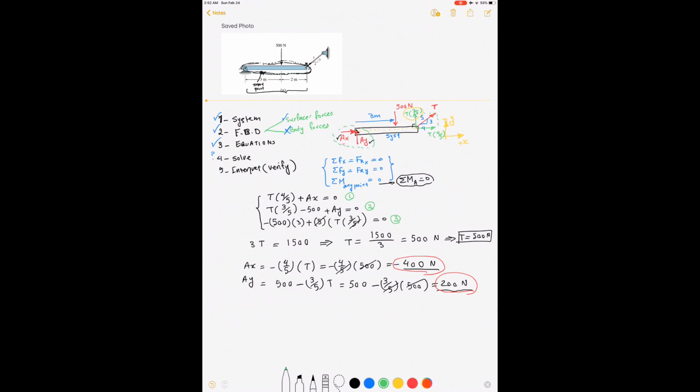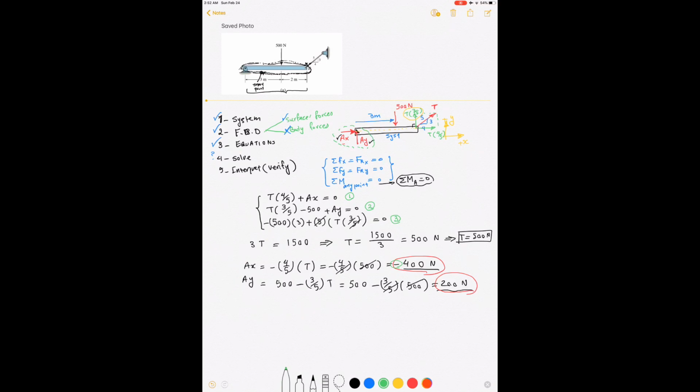As a matter of fact, the sign of AY that we originally chose is correct, it is upward. But the sign of AX, as you can see, is negative. That means it's to the left and not to the right. So the moral is, it doesn't matter what direction you initially choose. It automatically, during the solution procedure, gives you the right direction or right sign at the end.